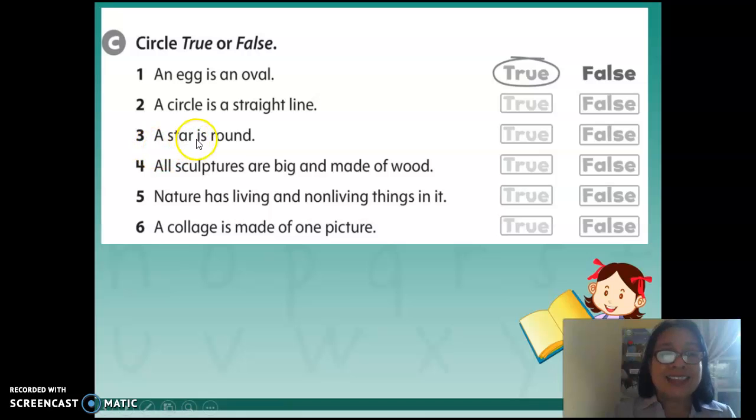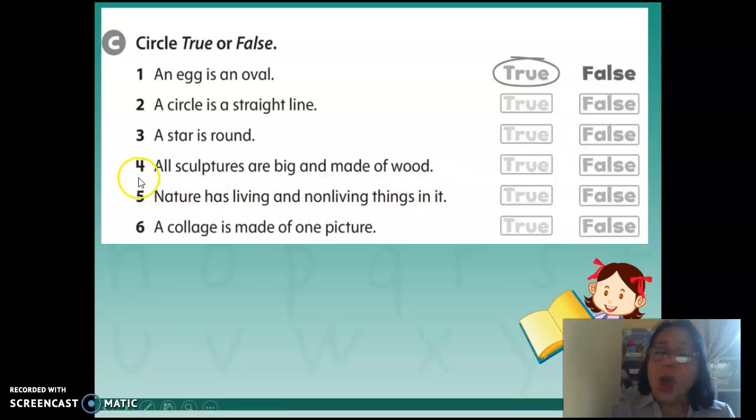Number 3, a star is round. No, the star is not round. So number 3 is false.